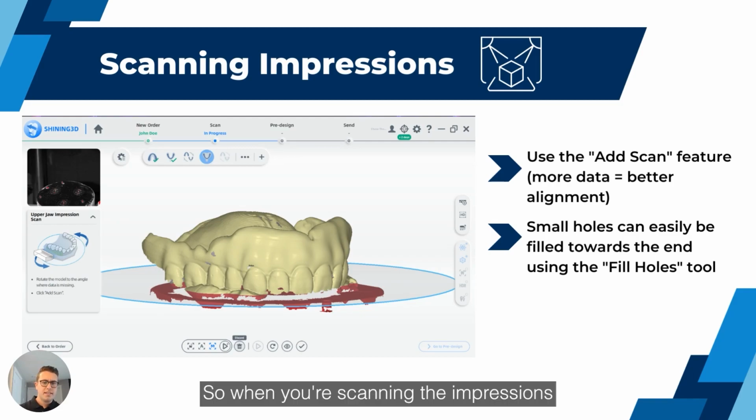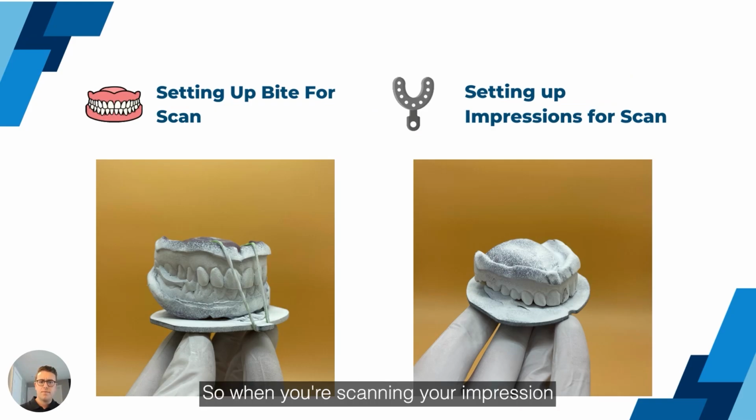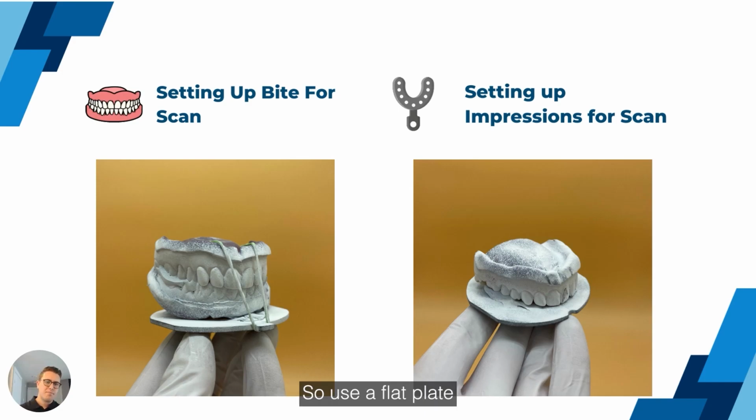So when you're scanning the impressions, I'm just going to go back here. When you're scanning your impression, you're going to want to press the occlusion into some of that blue putty, and that'll hold it more than secure enough to proceed to scanning. So use a flat plate. You can use the one with the 3 prongs or the one without.